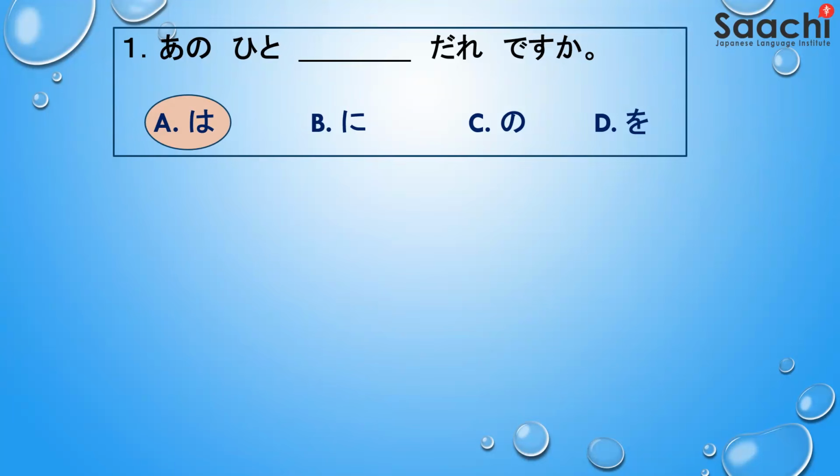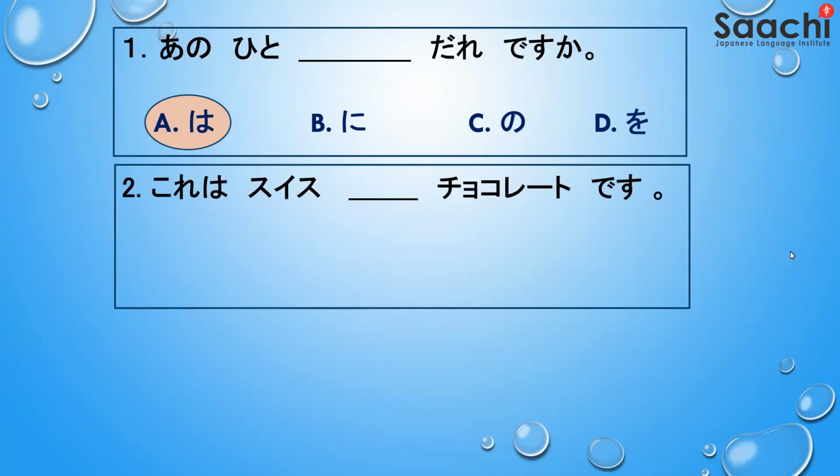That's why あの人は誰ですか。はい、2番。これはスイス何々チョコレートです。はい、を、に、の、と。答えは、これはスイスのチョコレートです。So here の is belonging to Switzerland.